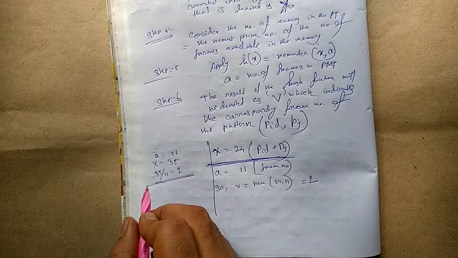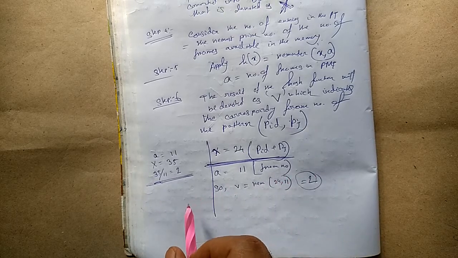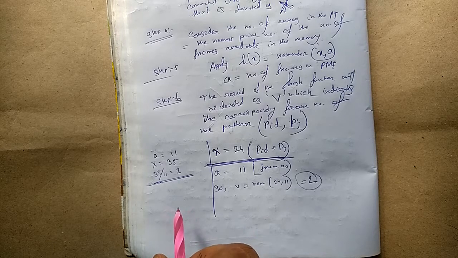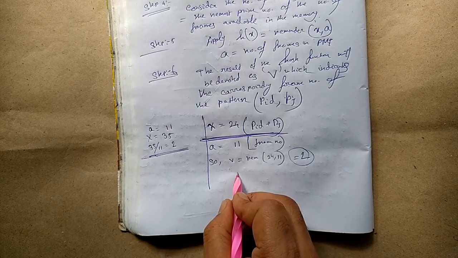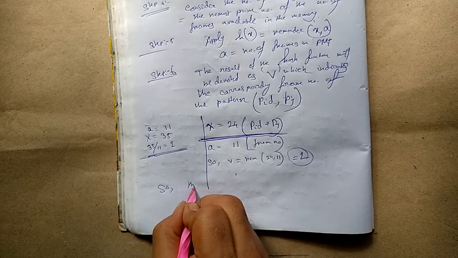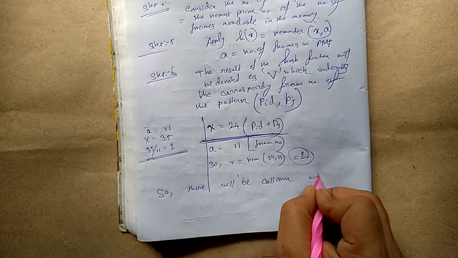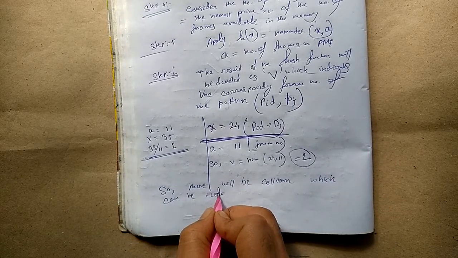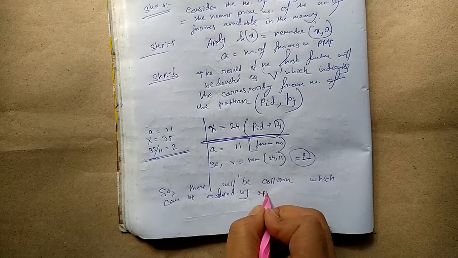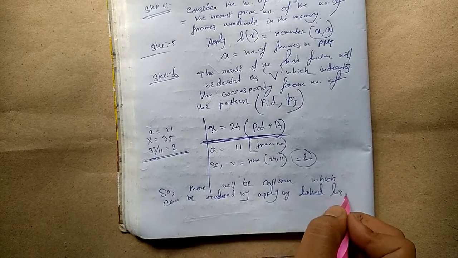So from this example, the conclusion is that two pages of two different processes are stored in the same position. So there will be a collision, which can be resolved by applying a linked list. How will we solve that?